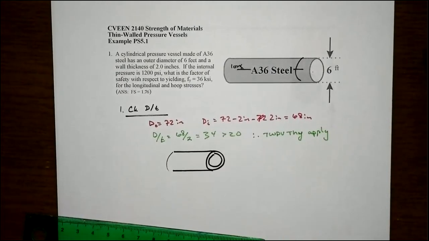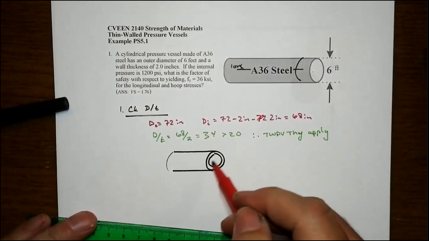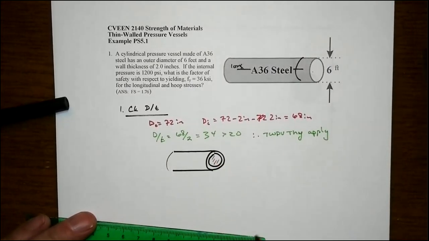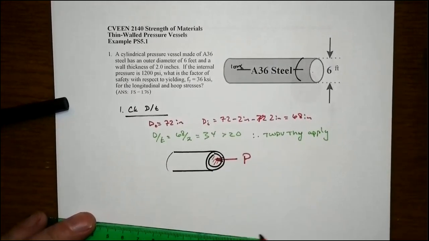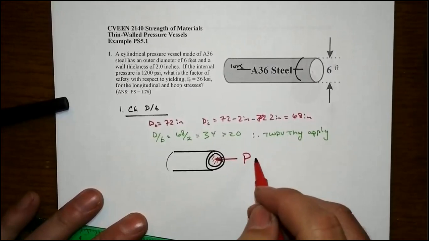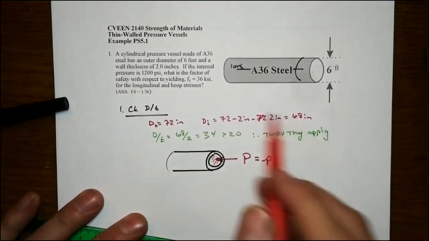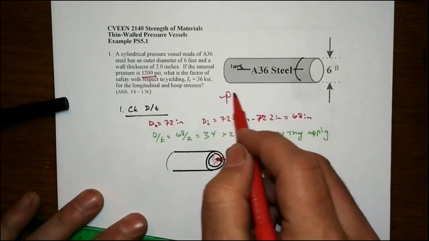There's the other end. Okay, so the pressure, imagine that you've got a thin film across this surface right here, and that content there is pressurized. It wants to get out. So across that, you have to impose a large force that's spread out evenly across that. That's that internal pressure, P. That's what our 1200 psi is all about.